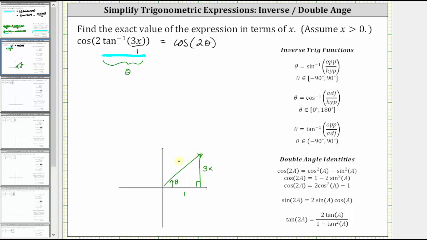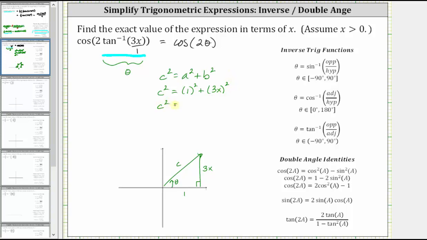And now let's determine the hypotenuse. Let's label it c. We can determine c using the Pythagorean theorem, which is c squared is equal to a squared plus b squared, where c is a hypotenuse and a and b are the lengths of the legs, which gives us c squared is equal to, let's let a equal 1, which gives us the square of 1, plus let's let b equal 3x, giving us the square of 3x.